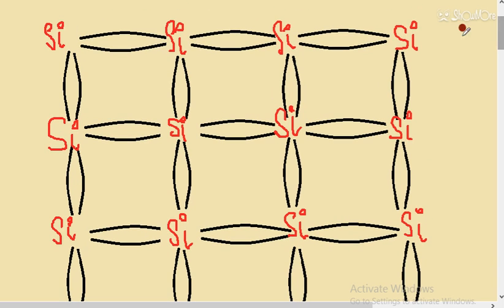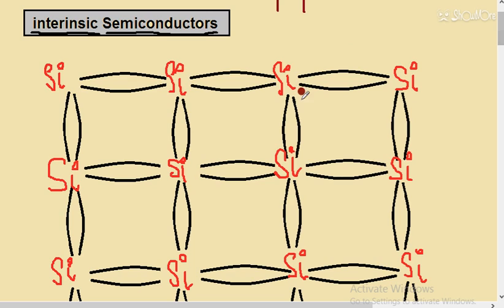In an intrinsic semiconductor, every silicon atom has how many valence electrons? 4 valence electrons it has. So now we have to draw that. After this diagram it will be very clear to you.